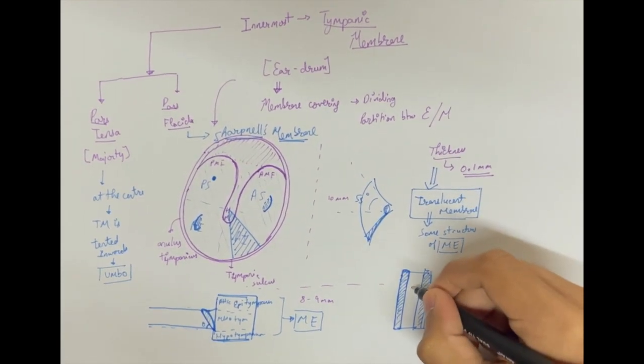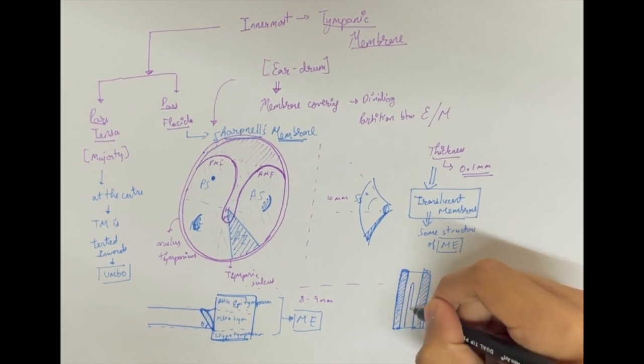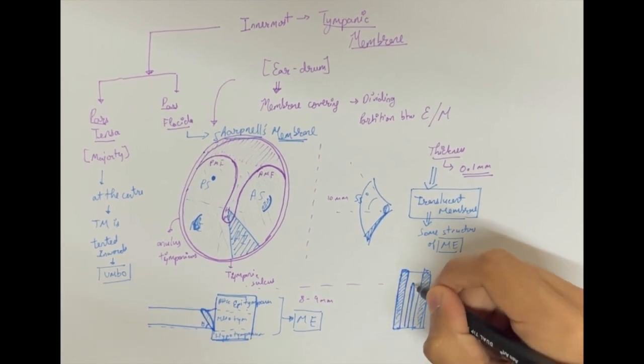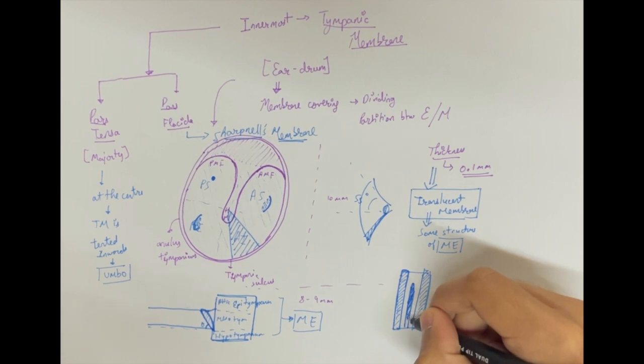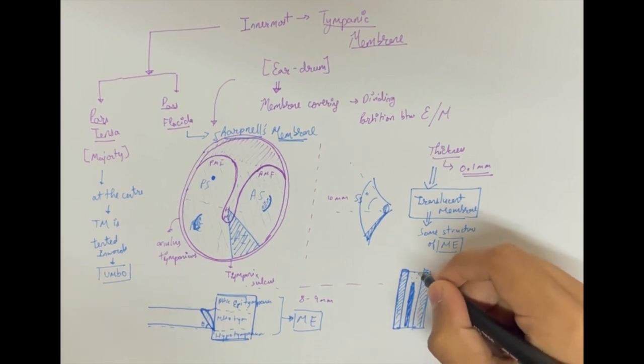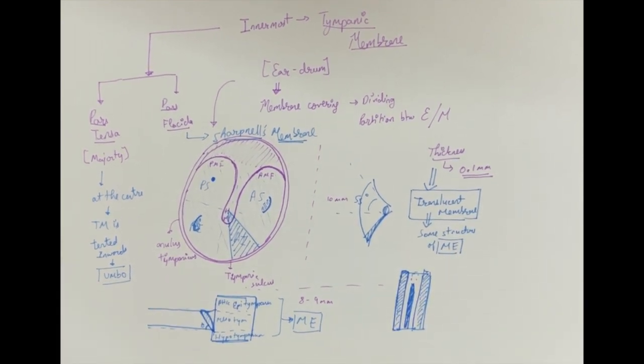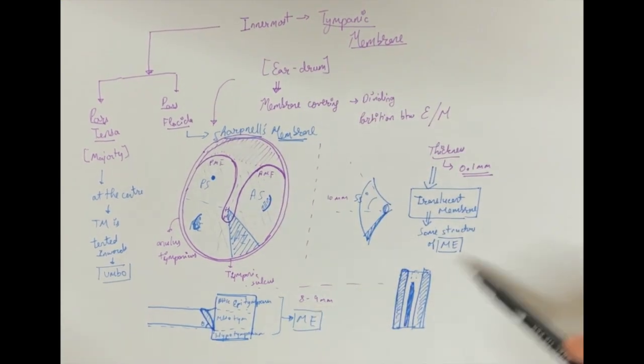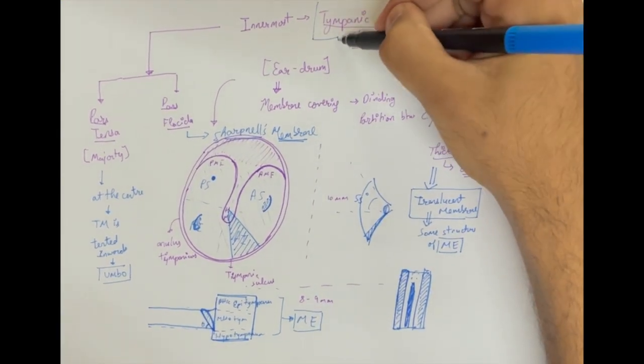And finally, we have a fibrous coat in the middle, which is deficient superiorly. So these again are the general features of the tympanic membrane.